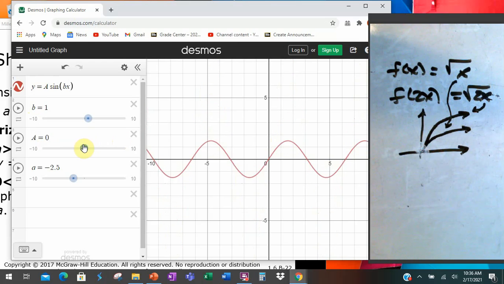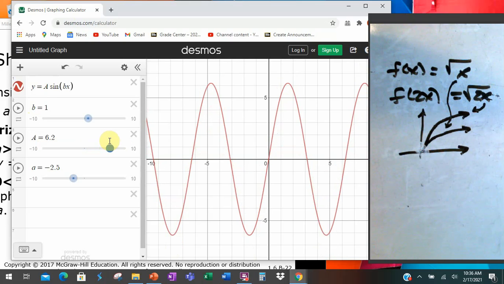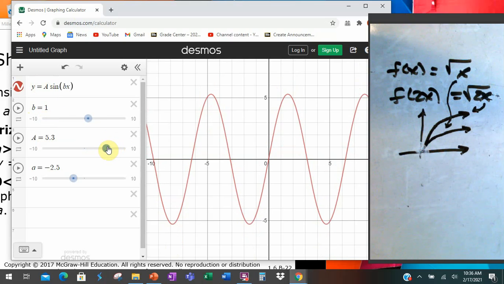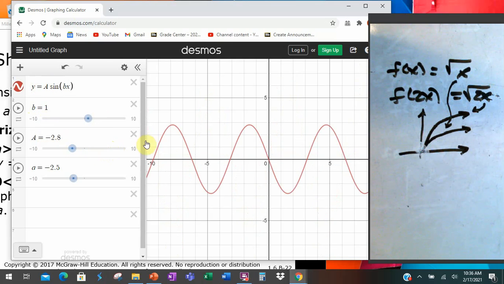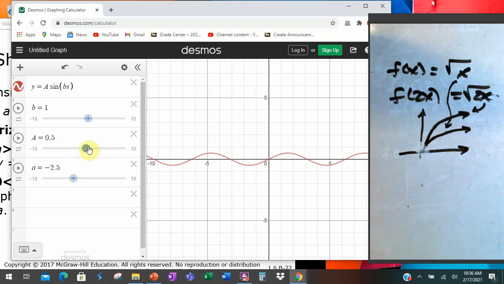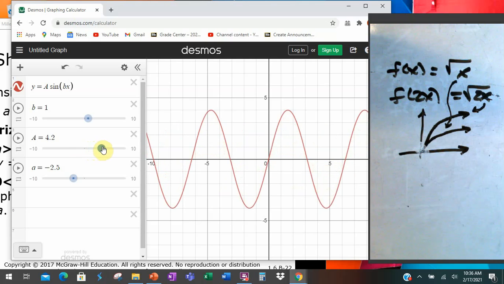Okay, that's what the outside function does. That's the vertical scaling. So I'm going to leave this up there by 5. So normally this basic sine function goes between plus or minus 1. This flips it now, but I want to keep this positive. So let's go up. And then this one's on the inside.